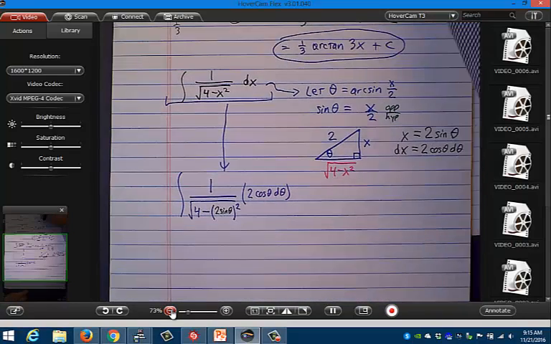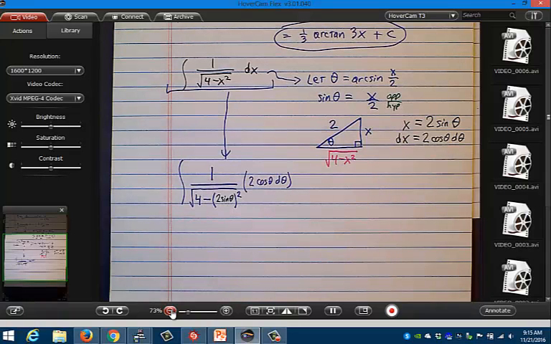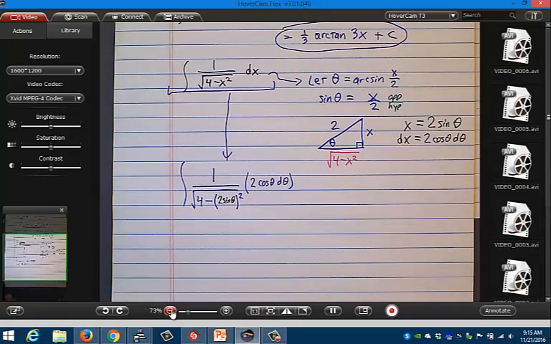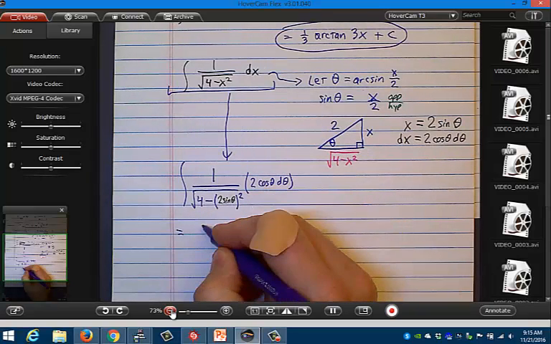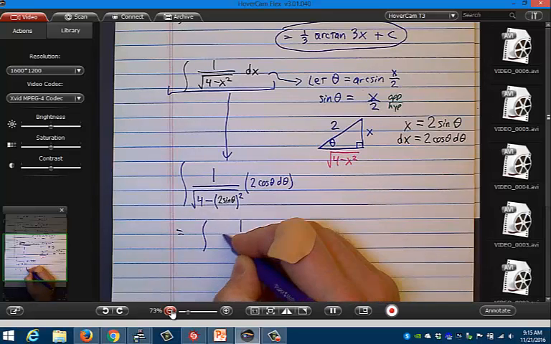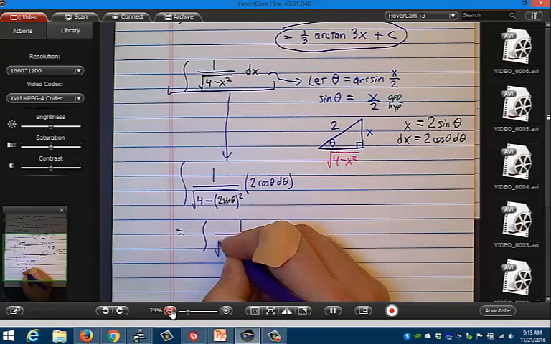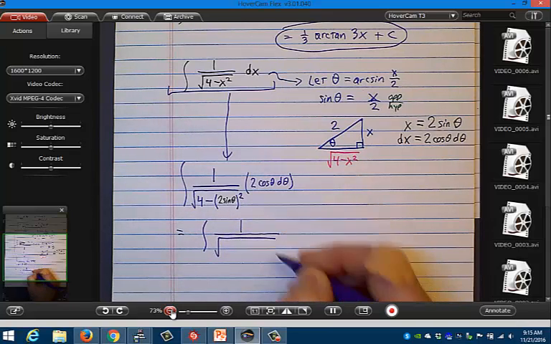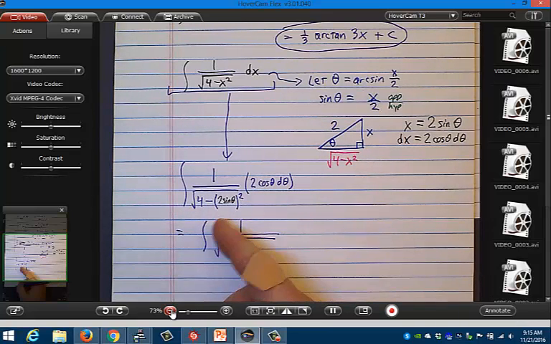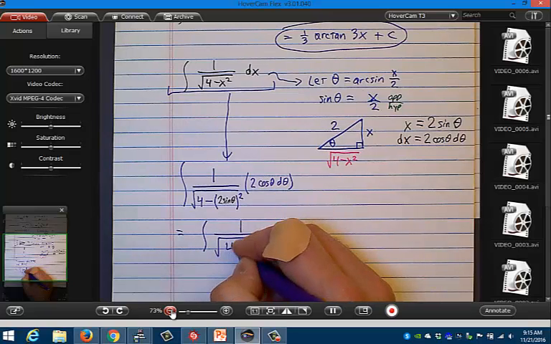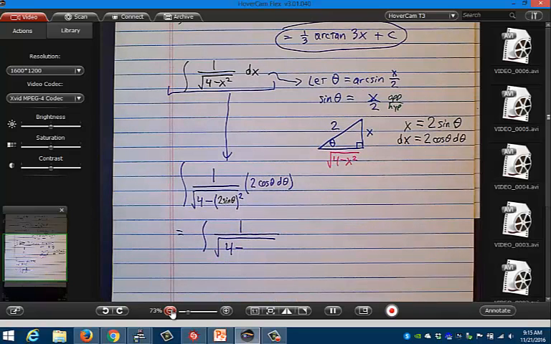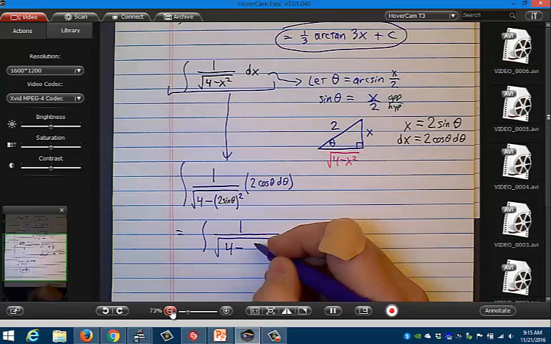So, here I go. This equals the integral of 1 over the square root of, let's simplify those parentheses, 4 minus 4 sine squared theta.